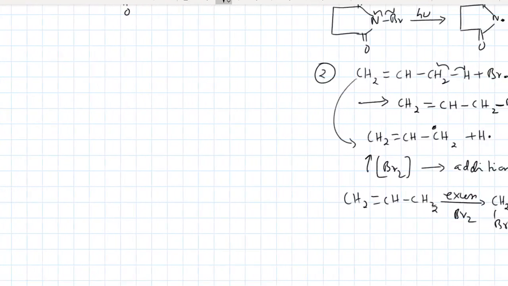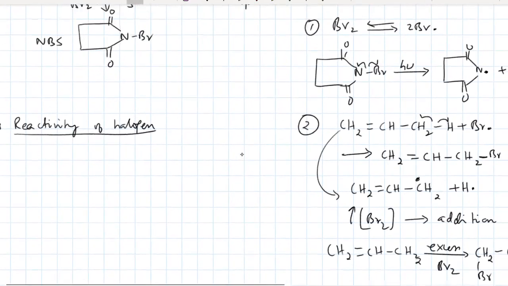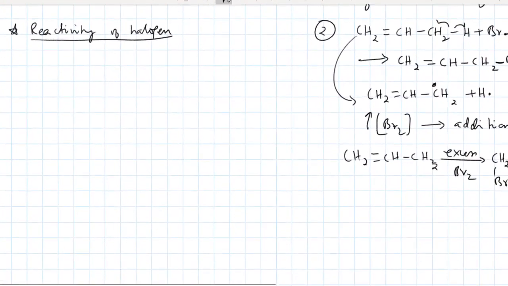Now once you have seen this, we will see the reactivity of the halogen. The next thing that you need to know here is the reactivity of the halogen. So which halogen will react faster, which will react better, and which will be slower. As we know, in the case of halogens, the order of reactivity is F2 most reactive, then Cl2, Br2 and I2.